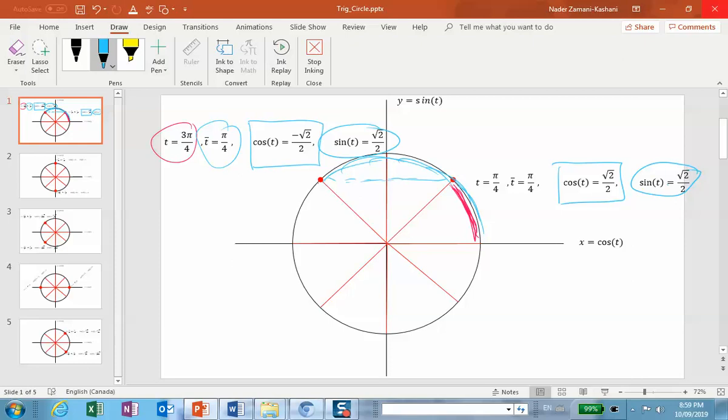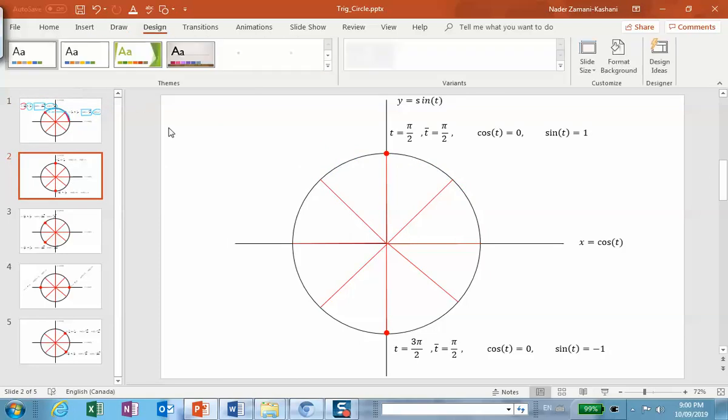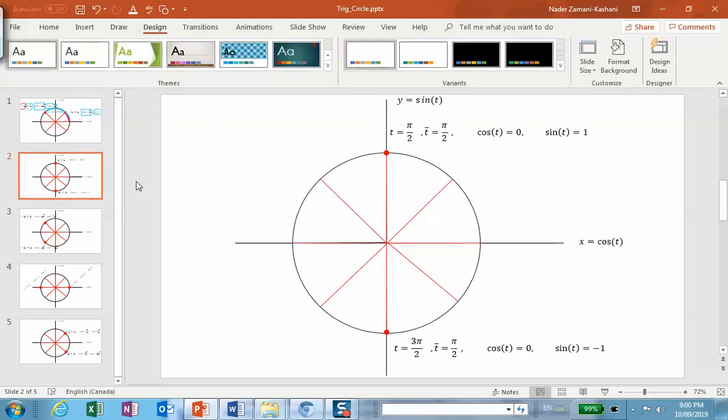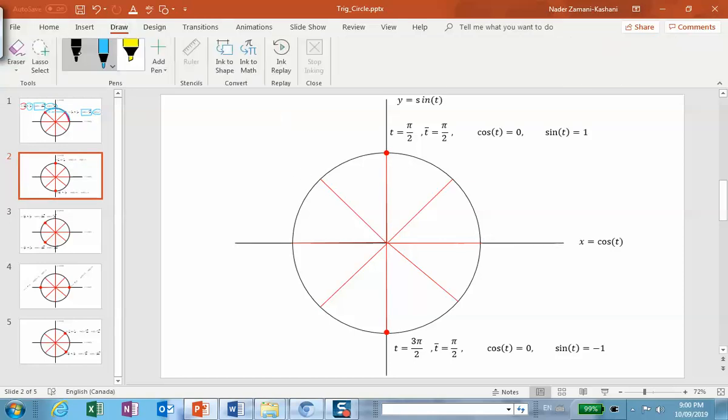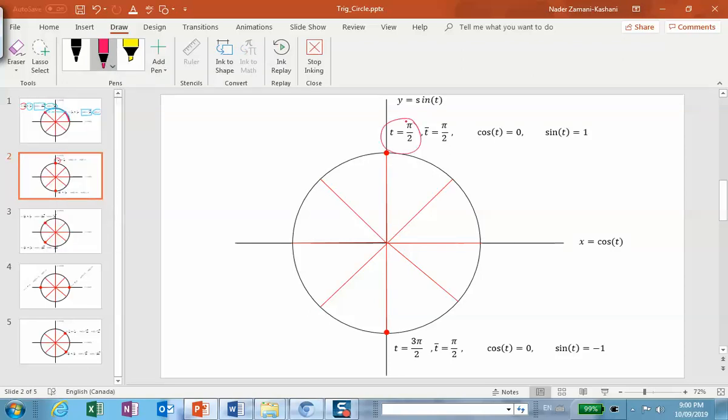okay, right there. So we are dealing with the t value being pi over 2. Therefore, the reference number is the same.